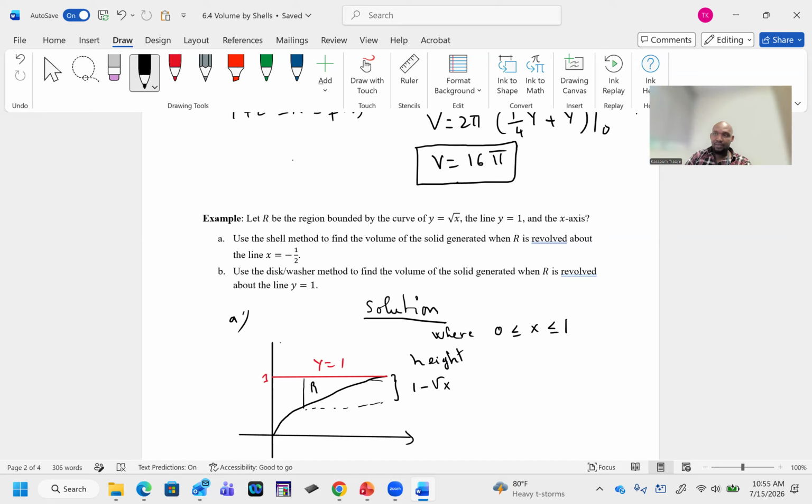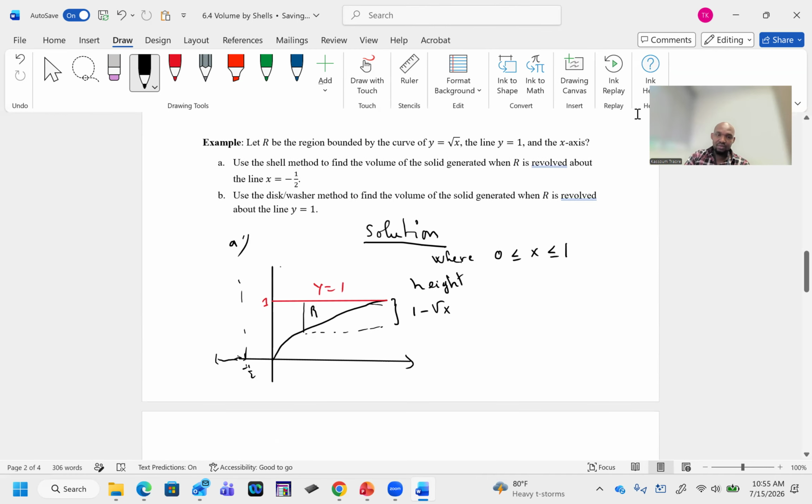When the slice is revolved about the line x equals negative 1/2, and you know this is why I changed this one, let's say this is negative 1/2, then the cylindrical shell has radius x plus 1/2 and height 1 minus the square root of x.